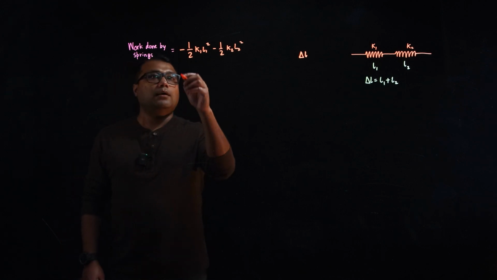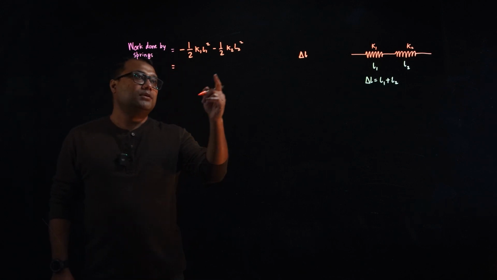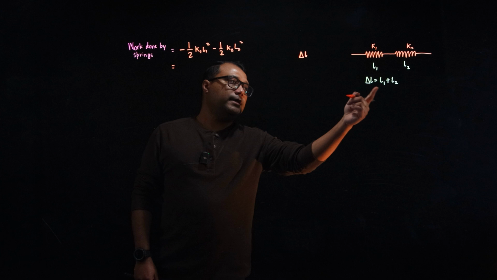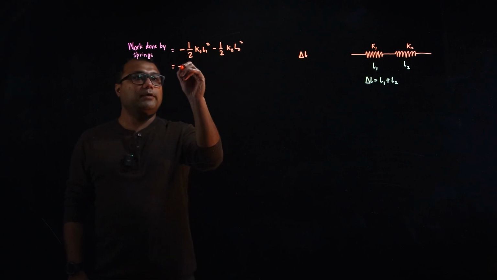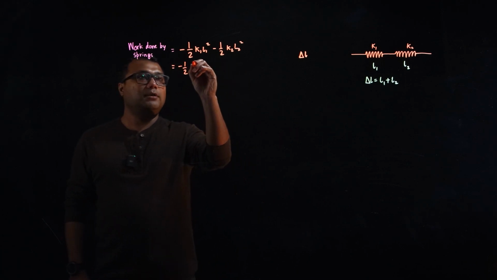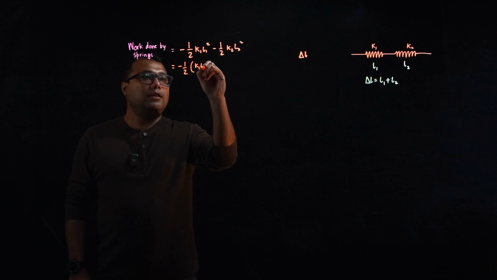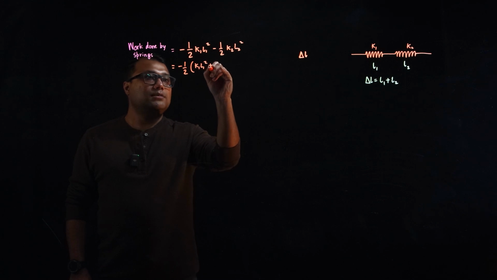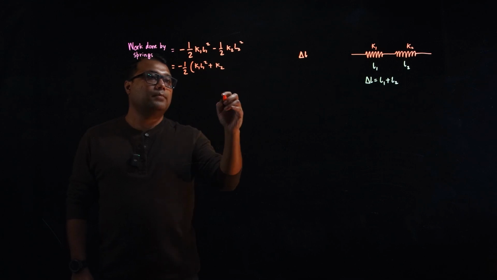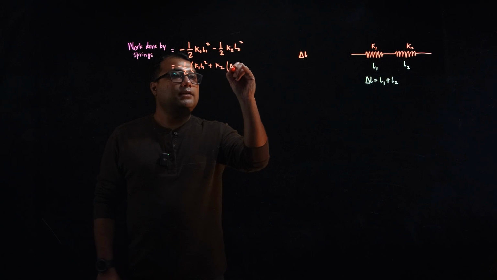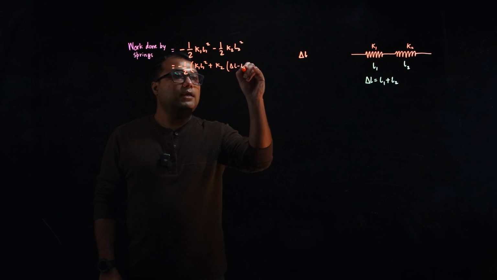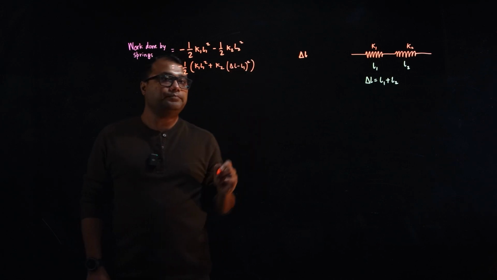Okay. Now if I replace L2 by delta L minus L1, we can write minus half, we can take common, K1 L1 square plus K2 delta L minus L1 square.